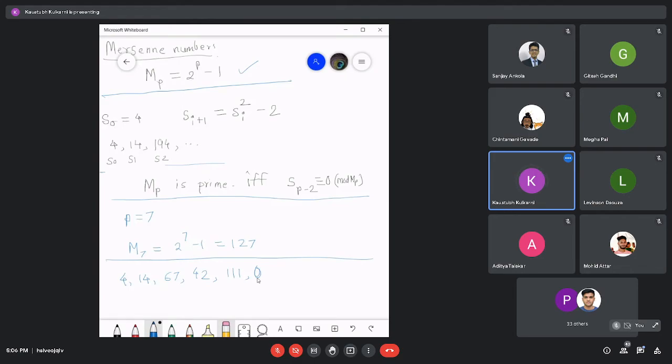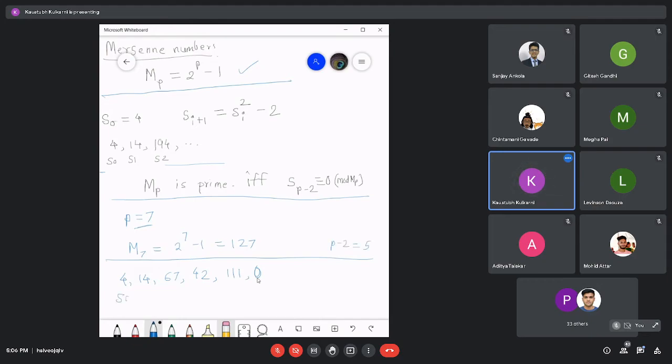You got a 0. Now will you keep doing this forever? No. The test says that S(p minus 2) must be congruent to 0. Here p is 7, so we'll go only up to S5.